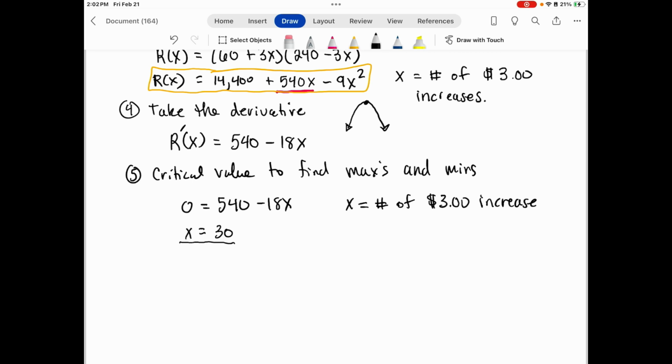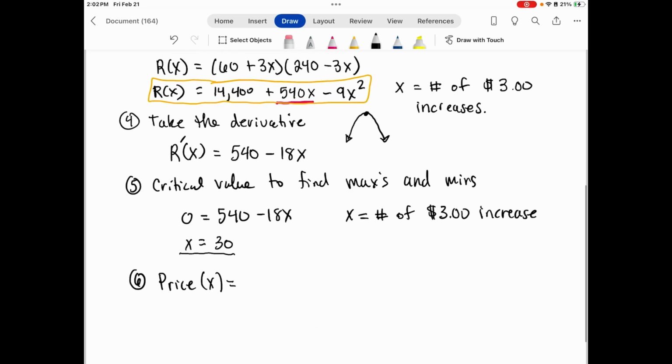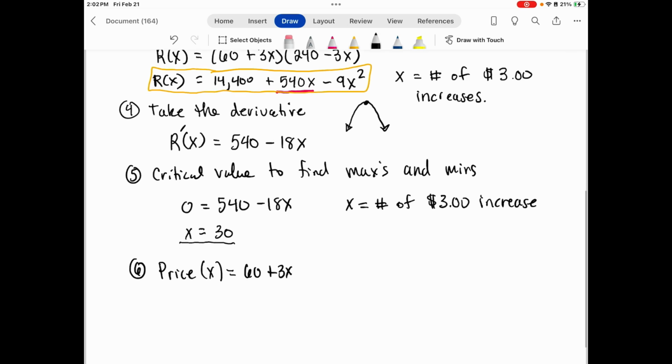Okay, so since I know that the value of x that maximizes the revenue, and we're trying to find the price for that, I'm going to go back to the price equation, which was 60 plus 3x, and I'm going to plug in x is 30. That will give me the price that maximizes this equation.